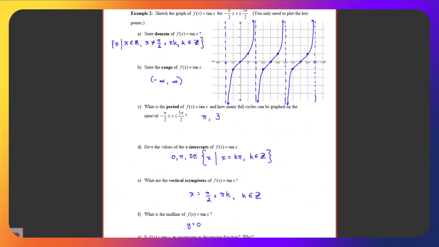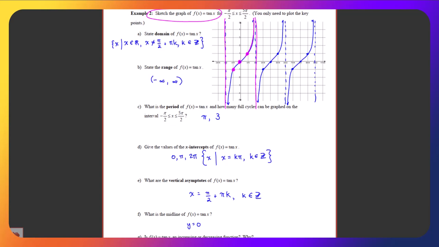So here, we're going to just sketch our parent function that we just did, so that at negative pi over 2 and pi over 2 we have vertical asymptotes. We have an intercept at (0, 0). At 45 degrees, or pi over 4, tangent is 1. At negative 45 degrees, or negative pi over 4, tangent is negative 1.